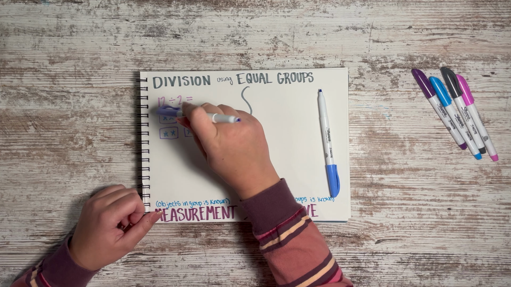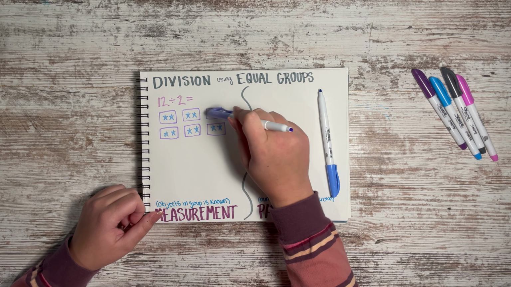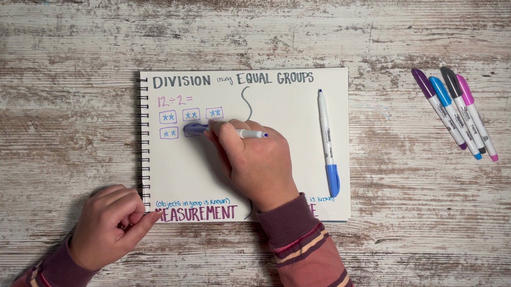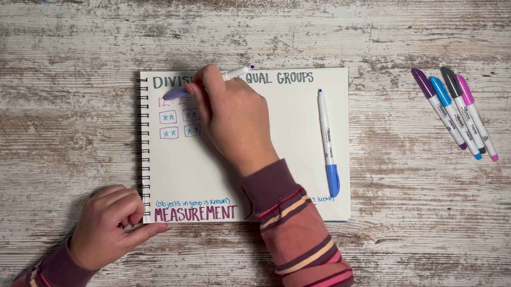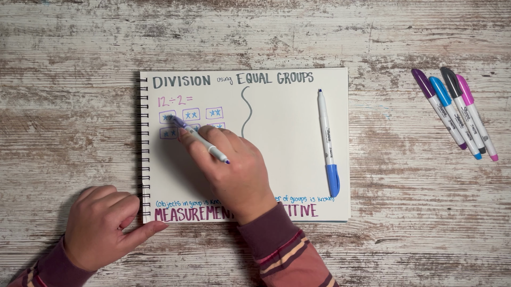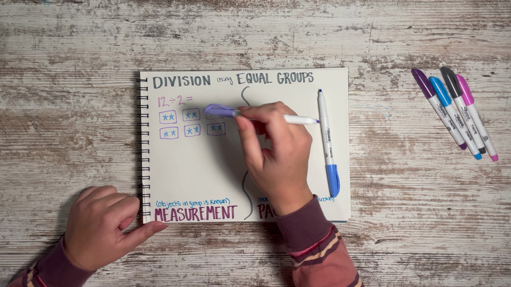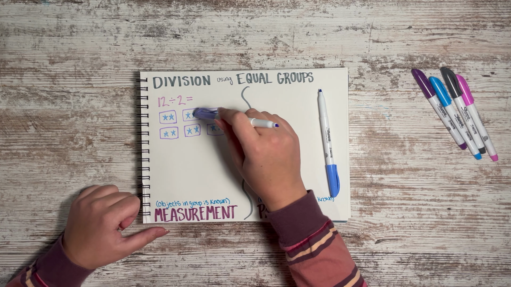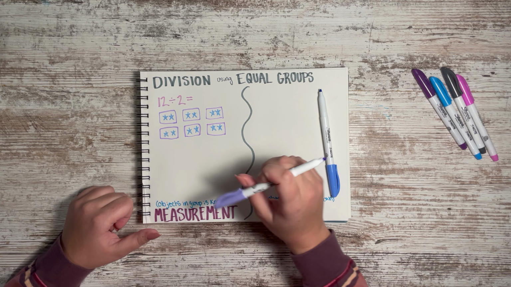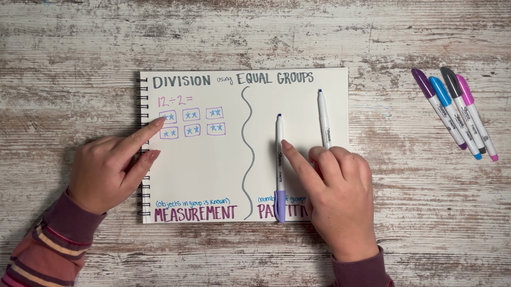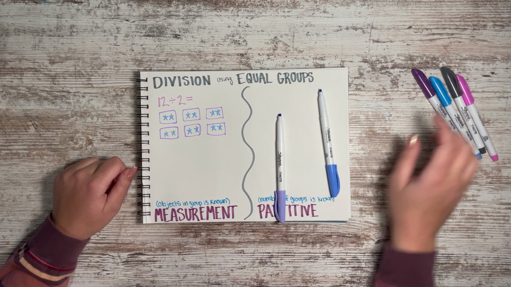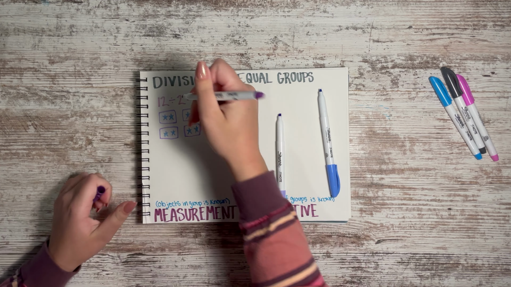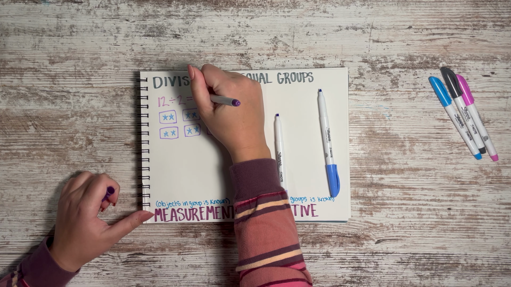So I have 1, 2, 3, 4, 5, 6, 7, 8, 9, 10, 11, 12 stars. So I have all of my objects, and I know that there are 2 objects in each group. And so now the number of groups that I have is going to be my quotient. The number of groups I have is 1, 2, 3, 4, 5, 6. So I know that 6 is the answer to this problem.